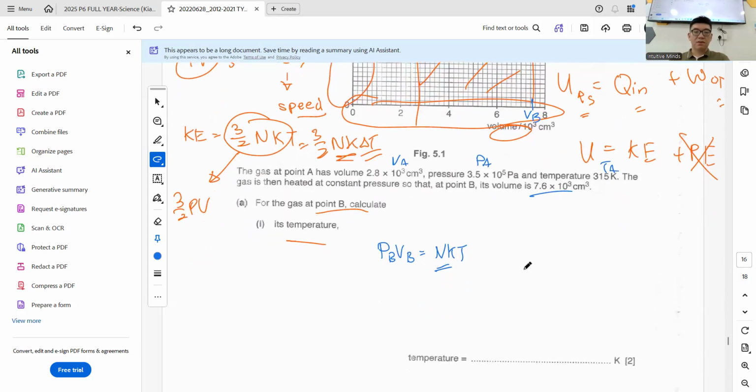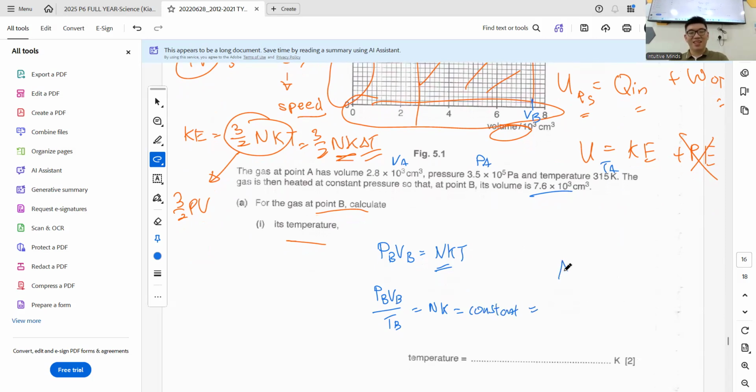Then we submit. You can actually keep everything to one side. So PB VB over TB equals to nK, and this is a constant, which will then be equal to what?